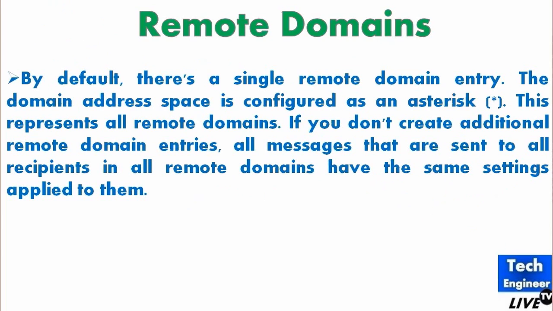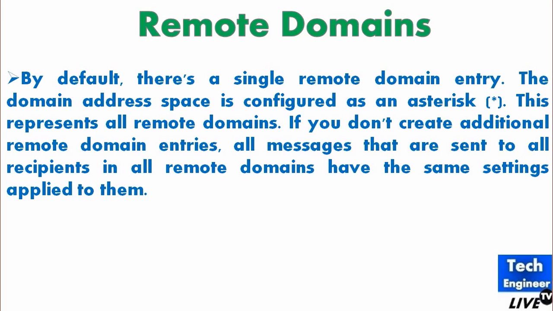Another thing is, by default there is a single remote domain entry and the domain address space is configured as an asterisk. Whenever an Exchange server is created, the domain entry will remain as an asterisk by default. This represents all remote domains. If you want to create some configuration for a specific domain, you can do that.